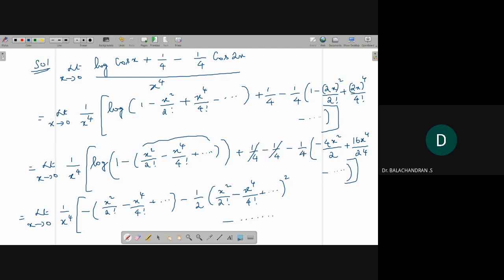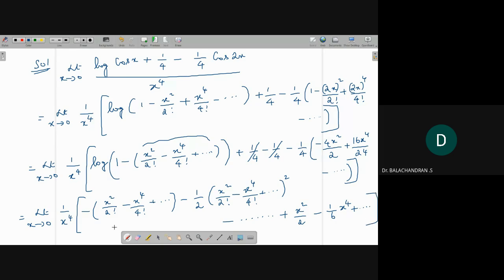Now multiply by minus 1 by 4, so the 4 gets cancelled: x square by 2 minus, you get 1 by 6, plus, check it, into x power 4, and then plus and so on. Close the bracket.